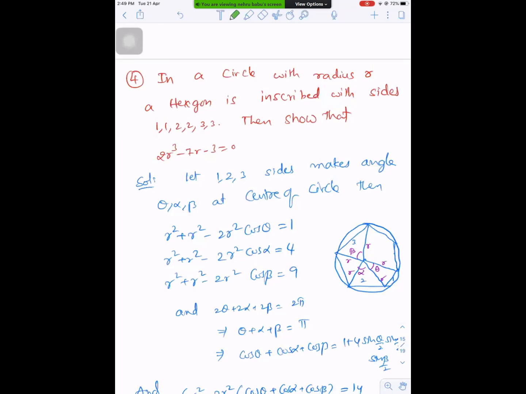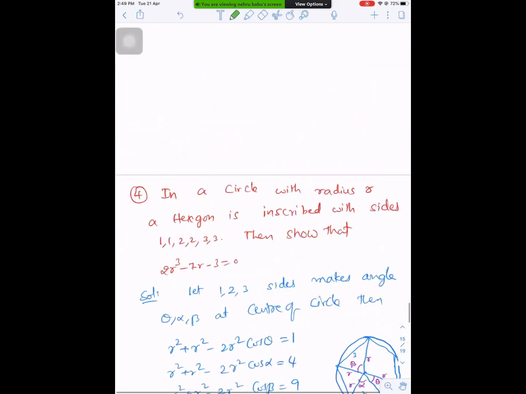It's also looking nice. Someone asked a doubt in your class. In a circle with radius r, I think I didn't discuss this problem in all the classes. In a circle with radius r, a hexagon is inscribed with sides 1, 1, 2, 2, 3, 3.